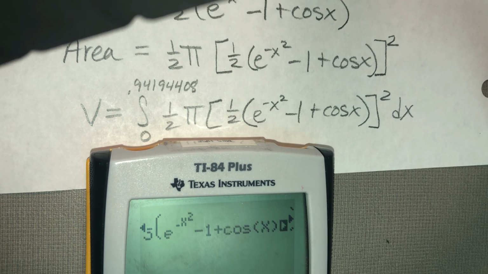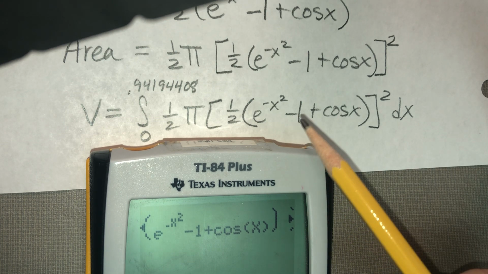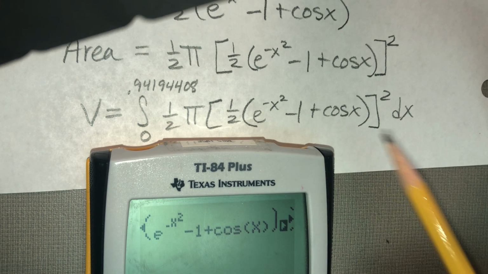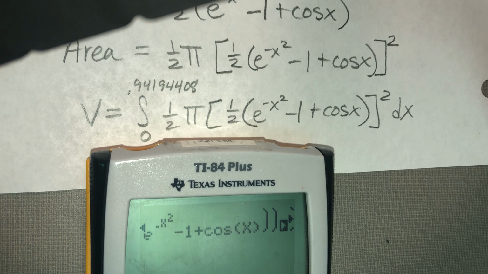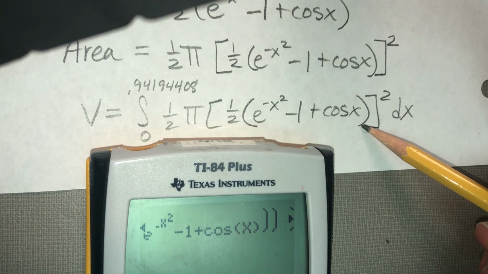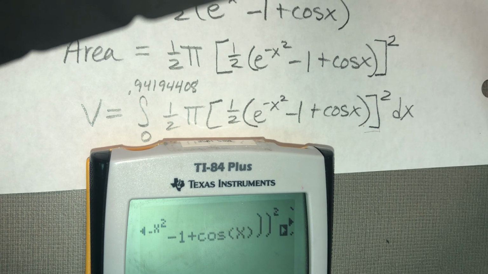Close the parentheses on the argument for the trig function. Close the parentheses on the e to the negative x squared minus 1 plus cosine x. Now close the parentheses that holds the 1/2 with that for the whole radius. Square it. There's automatically a closed parentheses for your integrand, and then dx.